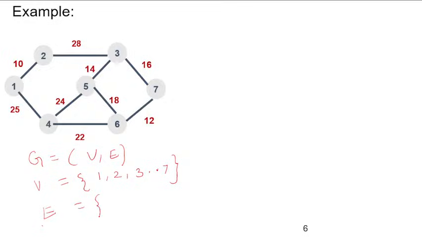So edges here, there is an edge between the nodes 1 and 2, (1, 2) and (2, 3). Then (4, 6), (4, 1), so etc. So these are the set of edges, and V is the set of vertices.